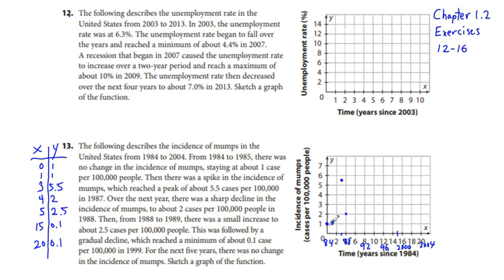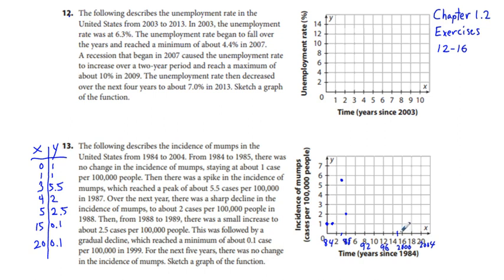It looks like we had an outbreak, and then we had some radical inoculation type of vaccines that took it down. Okay, and then for the next 10 years, by a gradual decline, 89 to 99, we went down to 0.1.